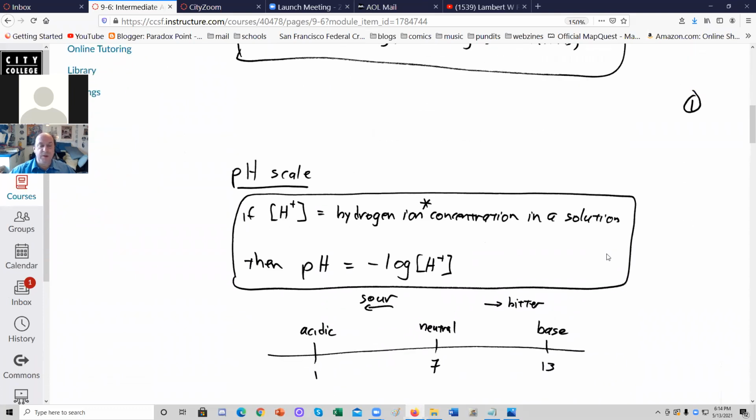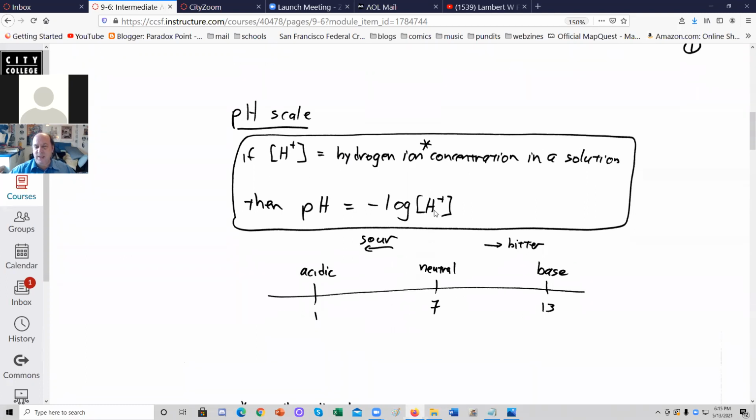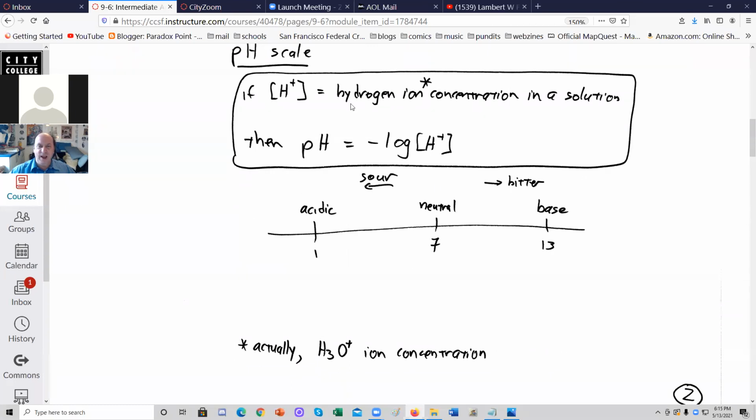Now there's something called the pH scale. It measures the acidity, sourness, and bitterness of a solution. Sour is acidic, bitter is basic. pH is minus the common log of the concentration of hydrogen ion in a solution. Well, asterisk, that's not really hydrogen ion. An ion of hydrogen would just be a bare proton, a subatomic particle.